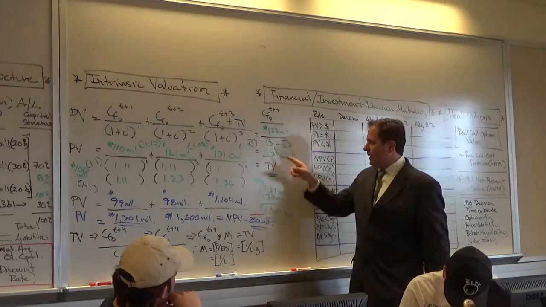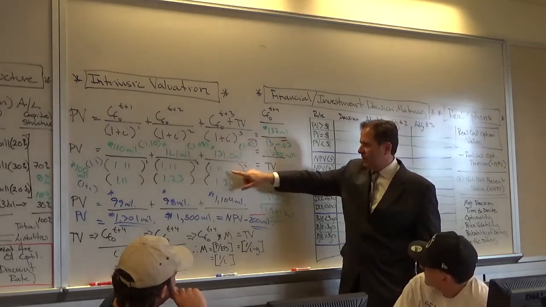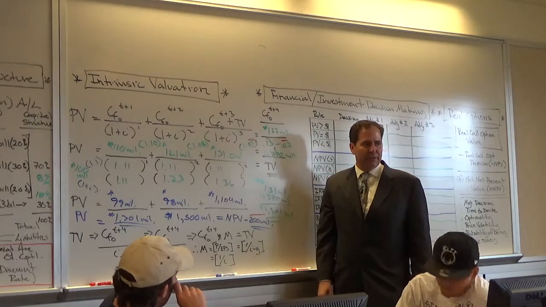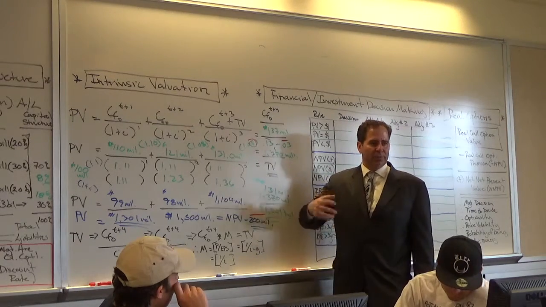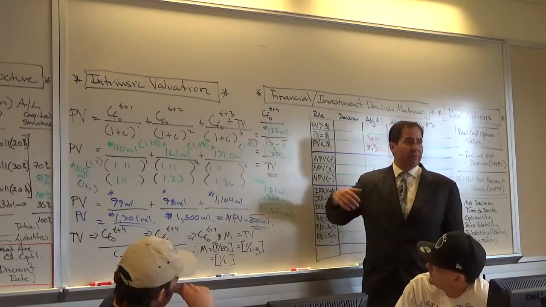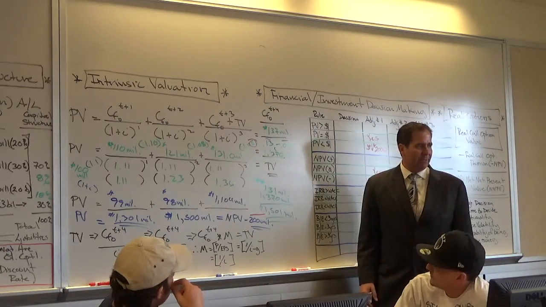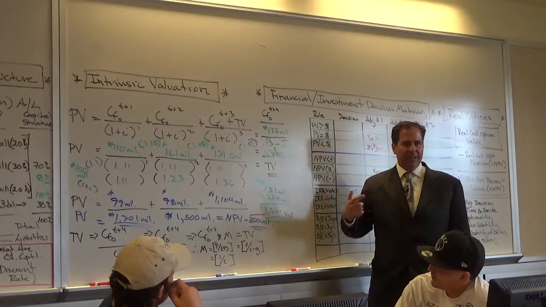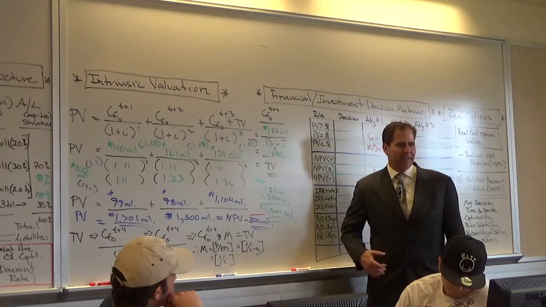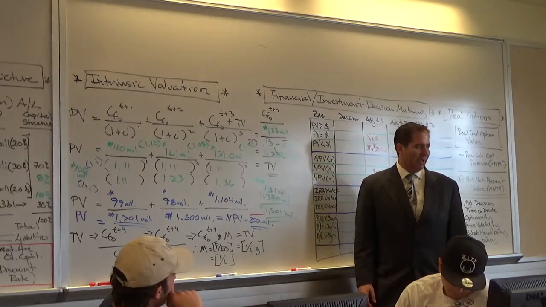I was not comfortable using the going in discount rate of 11%. I usually like to tack on some risk premiums onto the going in discount rate, because in 3 years from now or 5 years from now, something could happen to the competitive marketplace. We could be disrupted, we could be taken out, the technology could go obsolete.